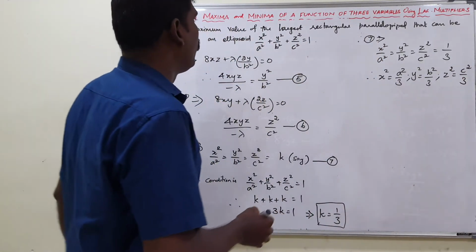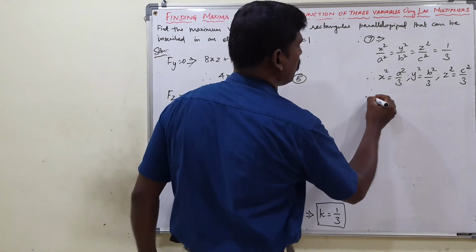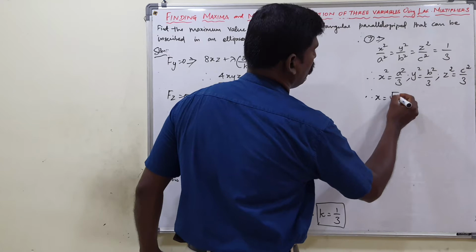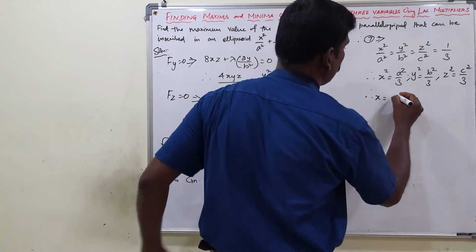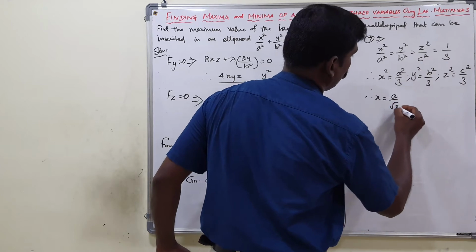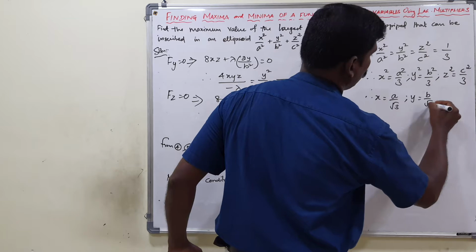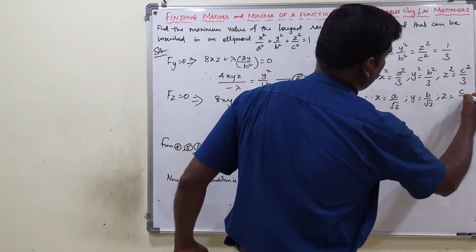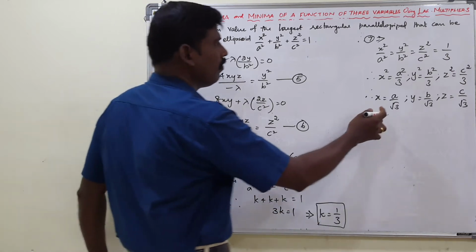So now I find out the value of x square, y square and z square. Therefore, x is equal to a by root 3, y is equal to b by root 3, and z is equal to c by root 3. Now I find out the values of x, y, z.